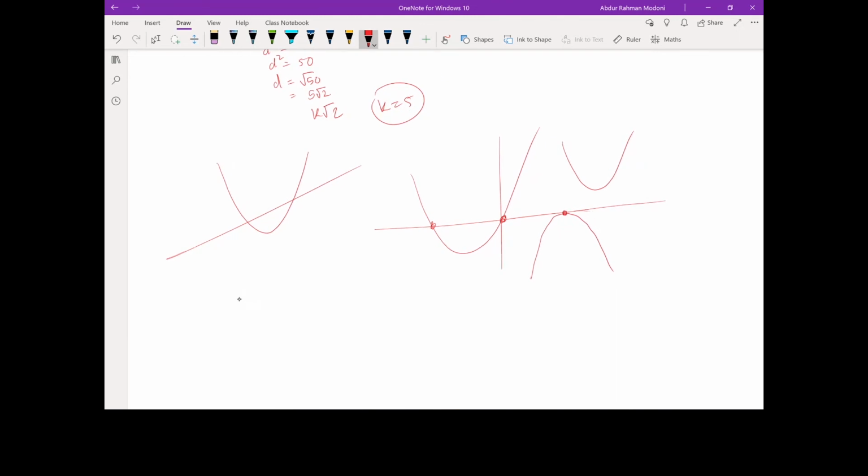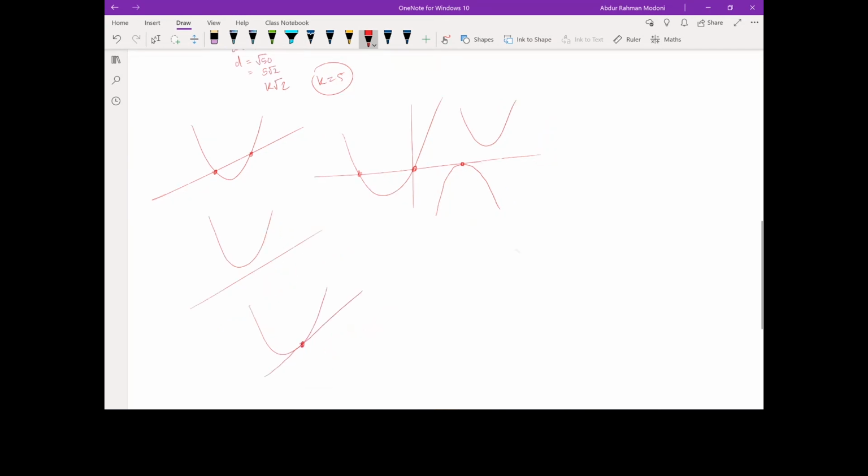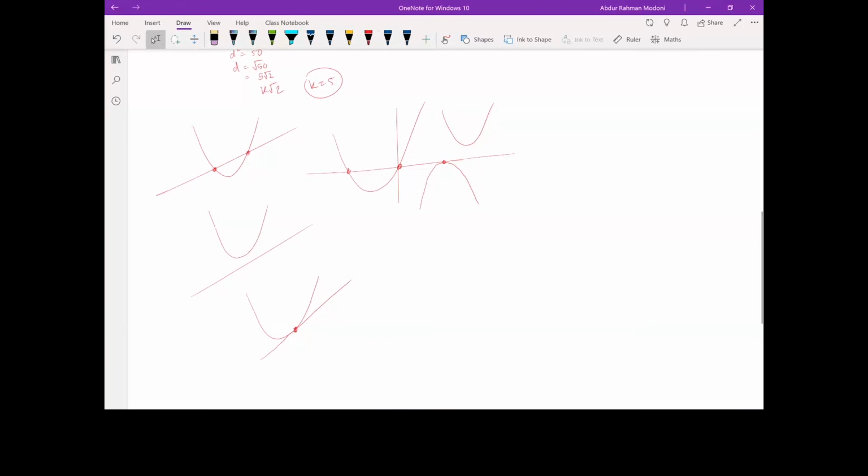With this quadratic and line, we had cases where the line just passes through, giving two intersections, or missing it, so there are no intersections, or the line just touching the quadratic, resulting in only one intersection. Now, can we get those similar cases with a circle? Since we get a quadratic, if we look at the circle, the line could pass through the circle.